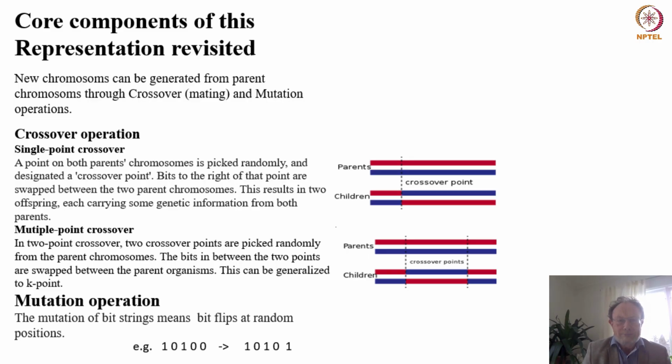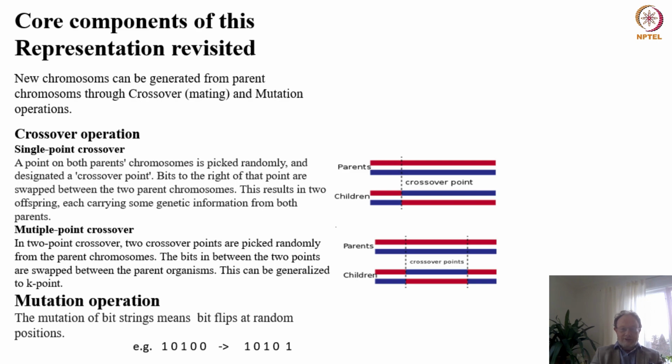So single point crossover is essentially taking two strings, two parents, choosing one point in the binary string, and essentially swapping all the bits to the right of that point.